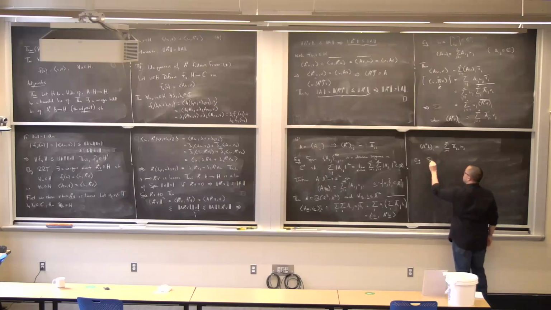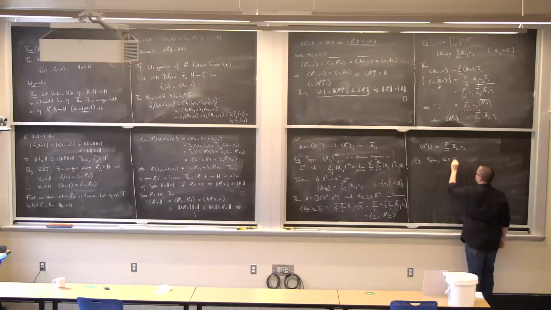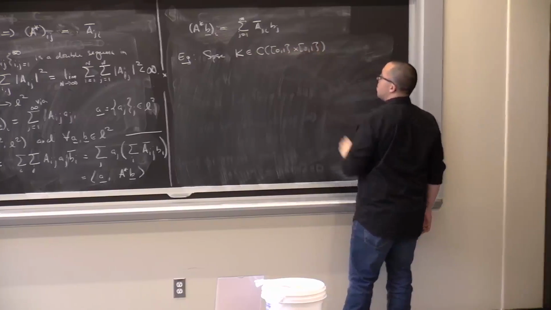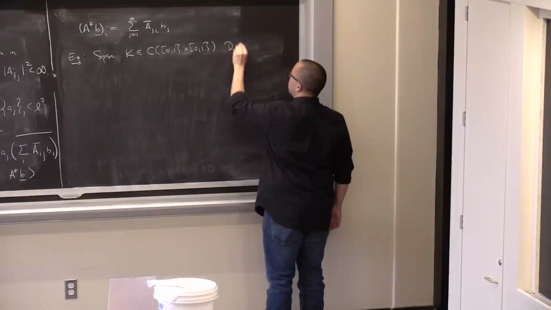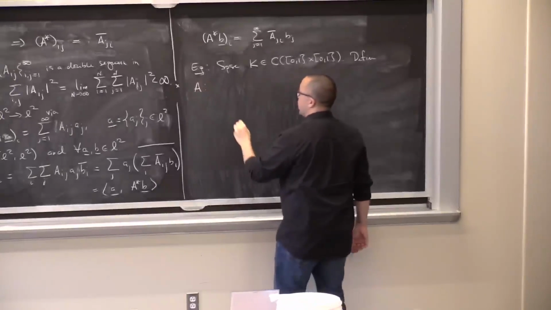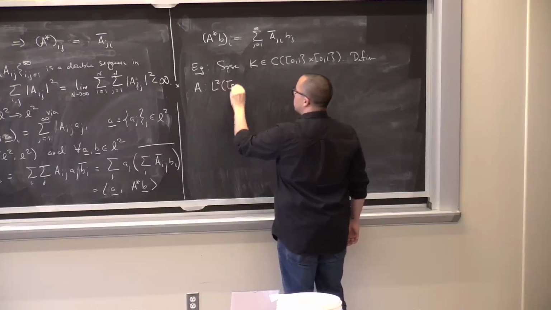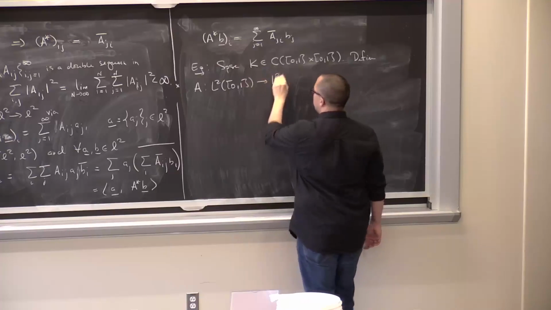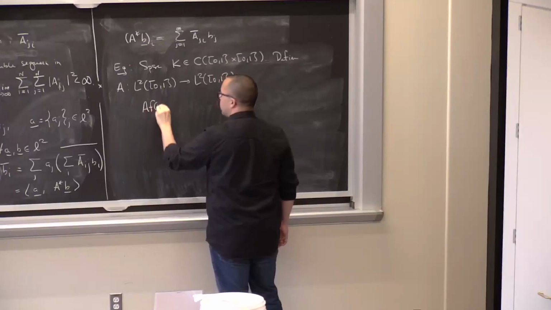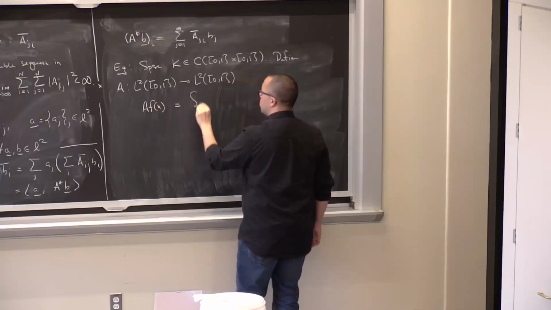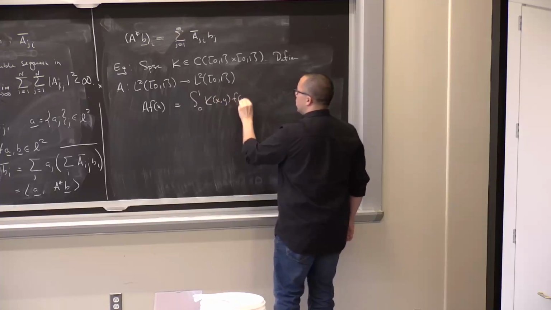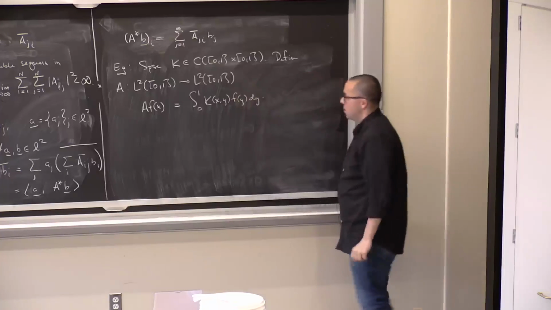So let's suppose k is a continuous function on [0,1] cross [0,1], and we define a map A, which you can show goes from L2 to L2, via A f of x is equal to the integral from 0 to 1 of k of x, y, f of y dy. Okay?